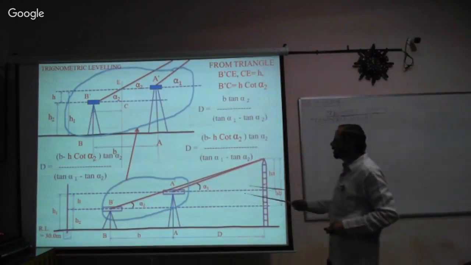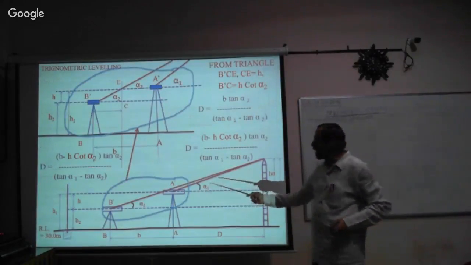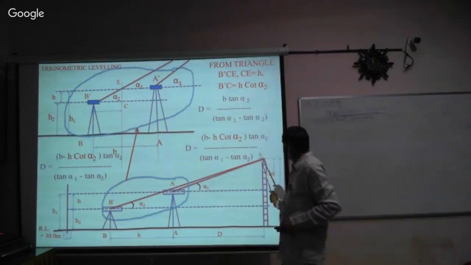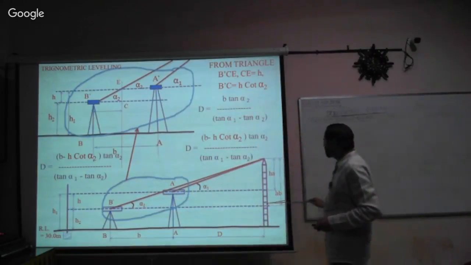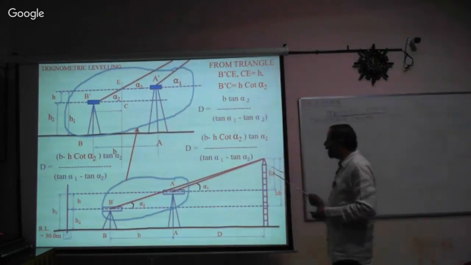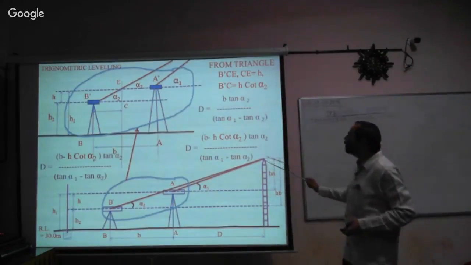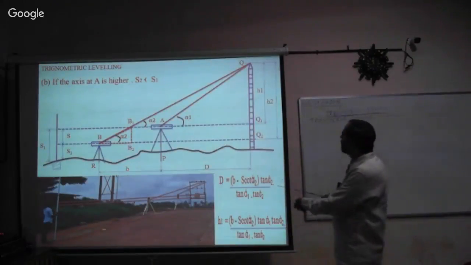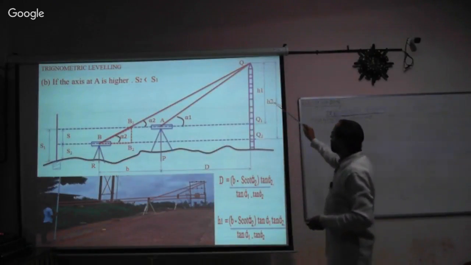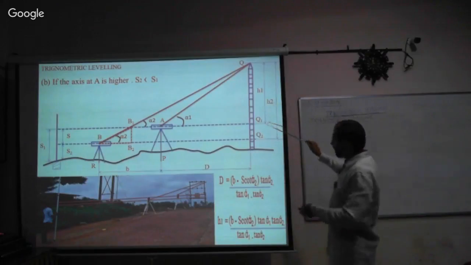Now this is the modified triangle, that is Q, B dash and Q dash. Considering this triangle, now what is going to happen?